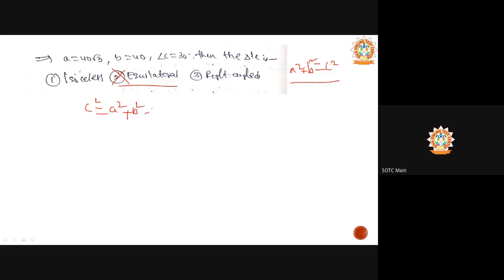Cosine rule: minus 2ab cos C. So c square is equal to a square, 40 root 3 whole square, what does it become? 40 square into 3, right? 40 square into root 3 whole square, that is 3, plus again 40 square, minus 2 into a is 40 root 3, b is 40, cos C, what is cos 30?